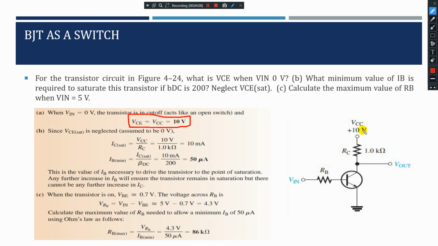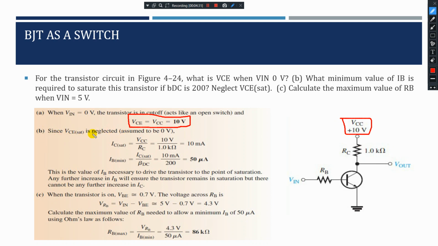It will be equal to VCC, which is 10 volts. You may ask how it is equal to 10 volts. VCE is equal to VCC, which is equal to 10 volts.